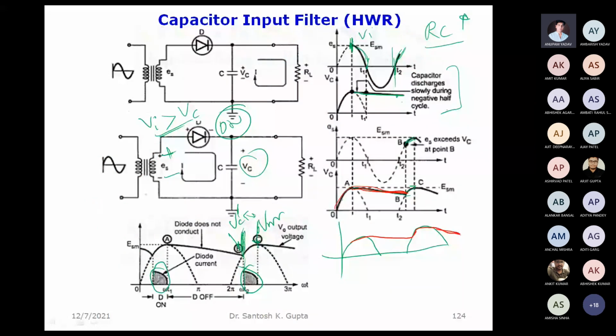One can see the frequency at the output is going to increase. This value will be smaller as compared to this, because this is getting recharged.